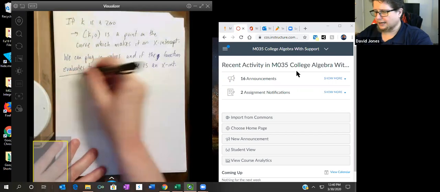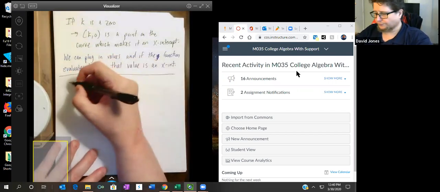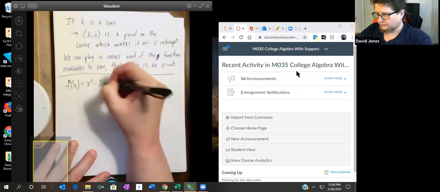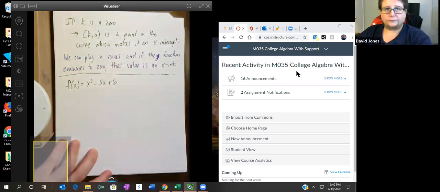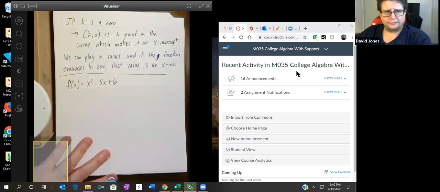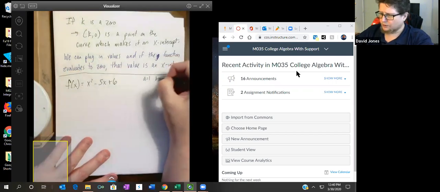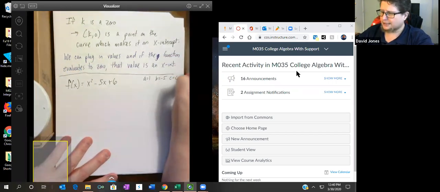Let's do an easy one to work with. So this is a quadratic function. We have a equals 1, b equals -5, c equals 6.